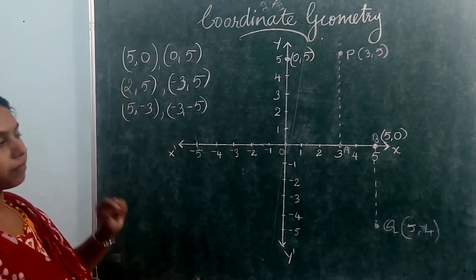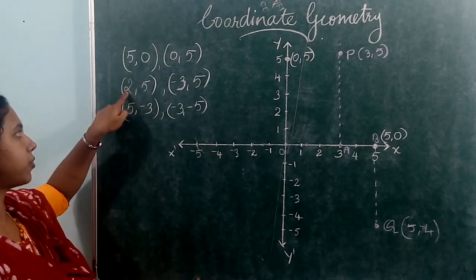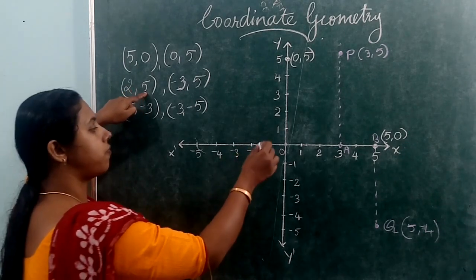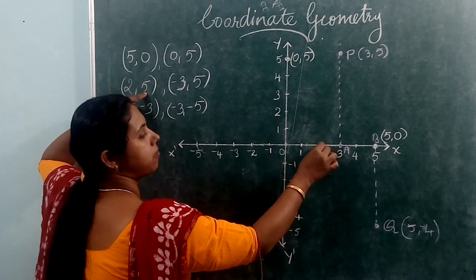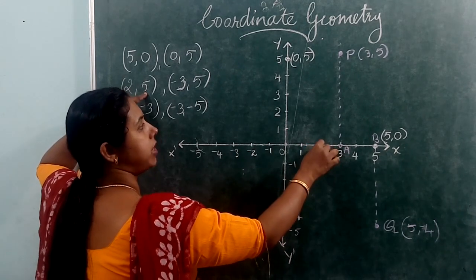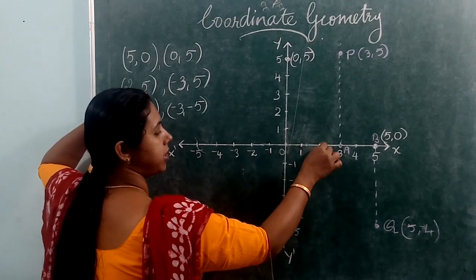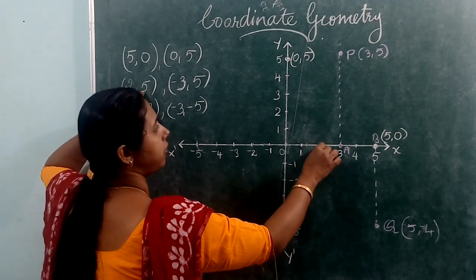Let us see the next one. Coordinate 2, 5. When you see this 2, 5, the x coordinate is 2, y coordinate is 5. Take x coordinate 2, and move from this 2 to 5 units along the y-axis. Distance from y-axis to the point is 2 units and distance from x-axis to the point is 5 units.